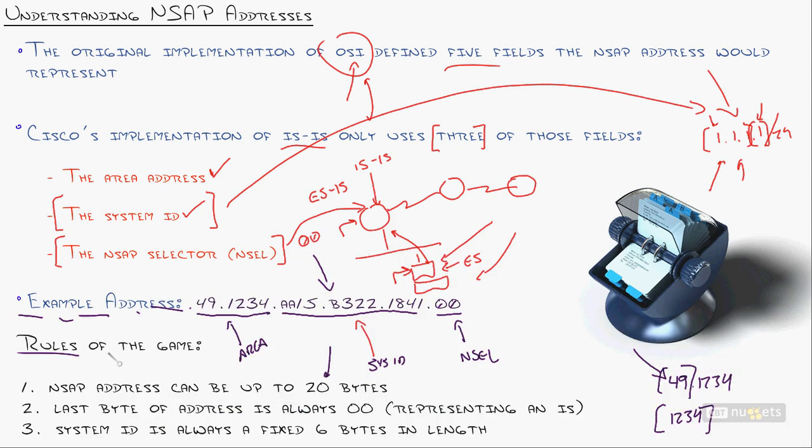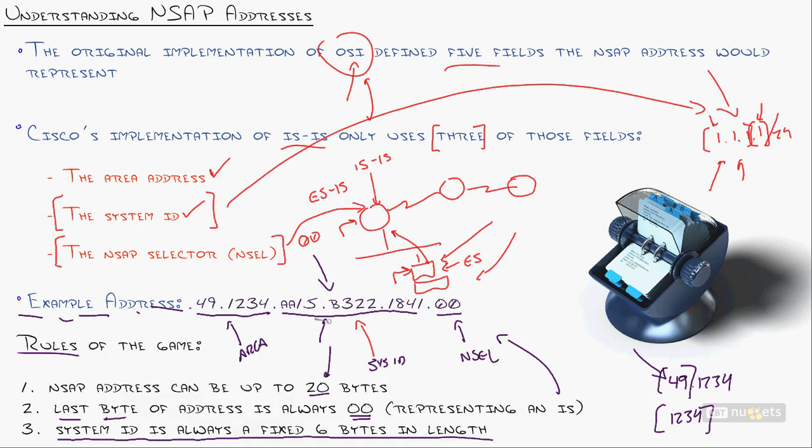So here are the rules. It can be up to 20 bytes, but we know that the last byte of the address is always 00, representing an intermediate system, representing a router. Likewise, Cisco made it a little easier for us because they said the system ID will always be a fixed 6 bytes in length. That's essentially why it looks like a MAC address, right? Now, that's not the rules of the game for everybody else, but for Cisco it is.